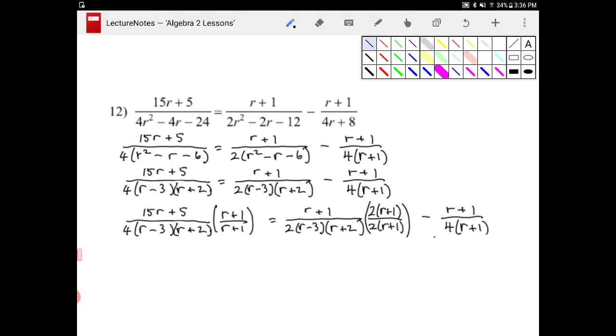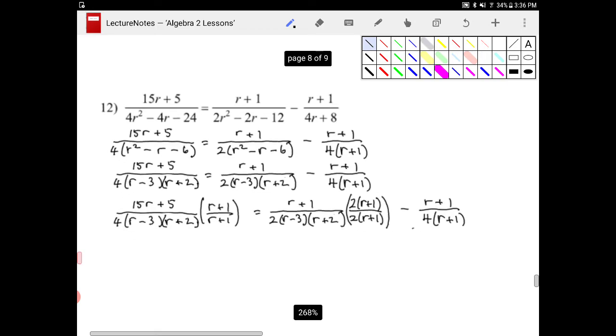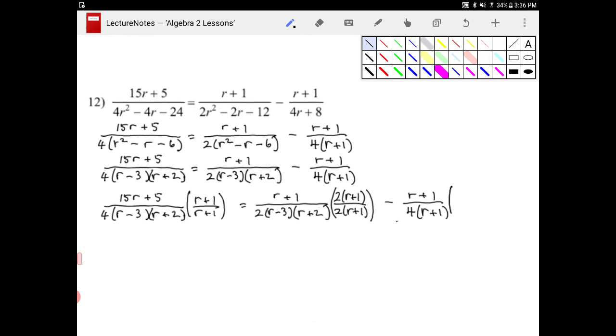Right? And over here, what am I missing? I am missing a r minus 3, r plus 2, r minus 3, and r plus 2. So the denominators are all the same on either side, so now what I can do is I can just multiply this out.